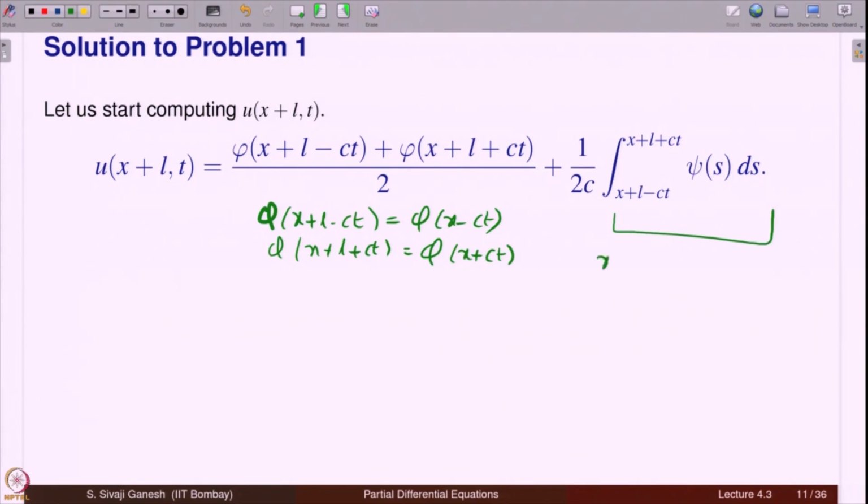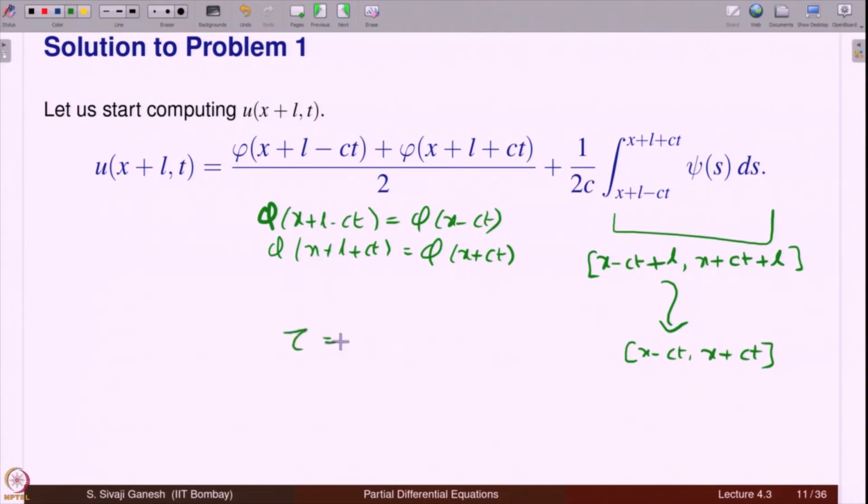It is actually on which interval? x minus Ct plus L to x plus Ct plus L. So this under a translation by L will go to x minus Ct comma x plus Ct, this is what we want, right. So this suggests what change of variable we have to put.